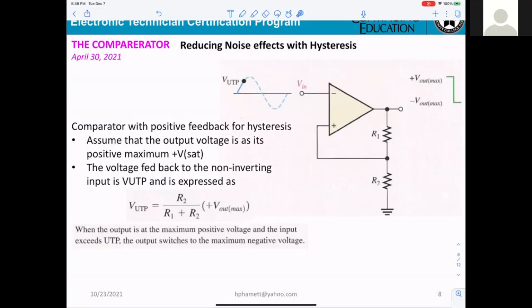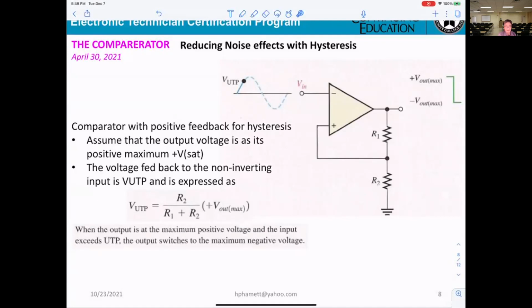Yeah, non-inverting. However, how come this cannot be non-inverting? Because the input has to be applied to the positive. Exactly. Input has to be applied to the positive, not the negative. So in this case, there will be a comparator.